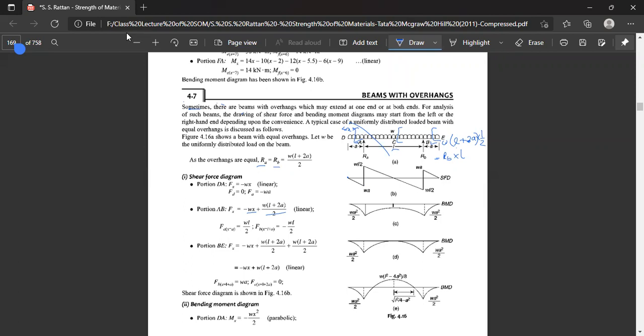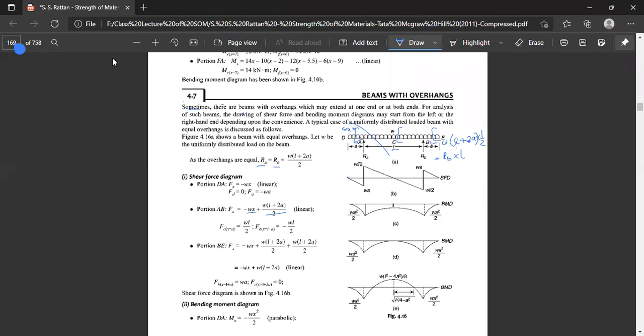Thus the shear force diagram becomes negative here, goes to positive again at the point of support, then it is uniformly reduced to the end point E.